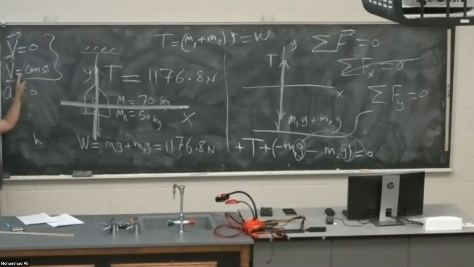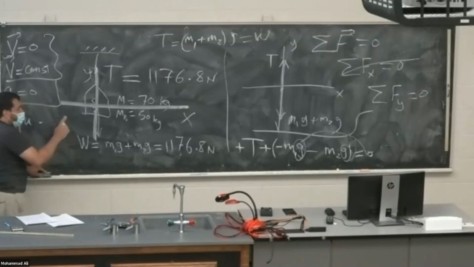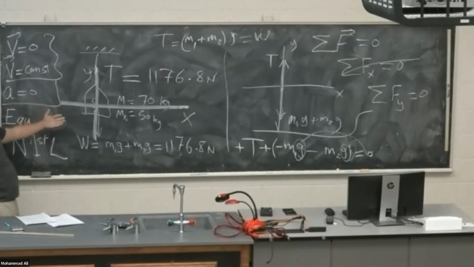In general, if the velocity is constant, then the acceleration is 0. Then we have balance or equilibrium. Okay, and we can apply Newton's first law because we don't have any acceleration.